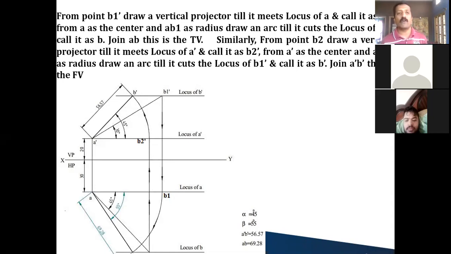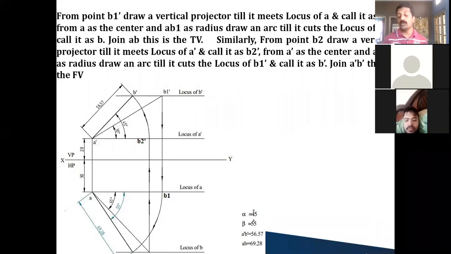At this point, you call it B2 dash because it's a front view. Now A dash as the center, B2 dash as the radius, cut an arc like this till it meets the locus of B dash in the front view. Wherever it cuts, you call that the B dash point. This is the front view point. Now you can join A dash and B dash with a thick line. So this is your apparent length, that is the front view, and AB is the apparent length, that is your top view.